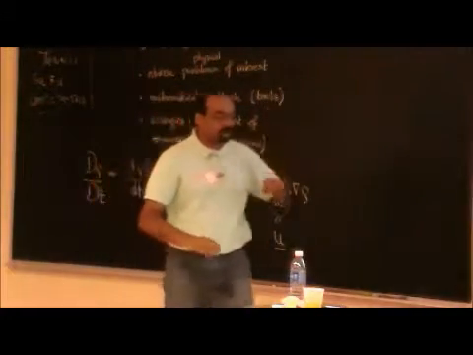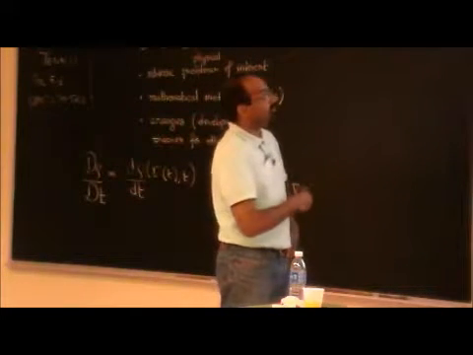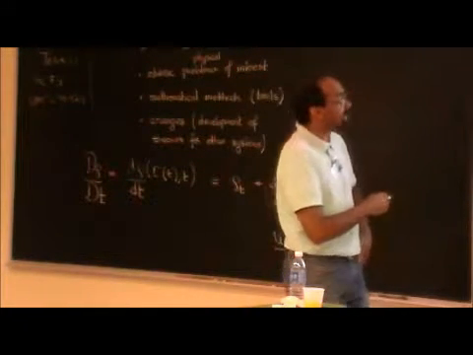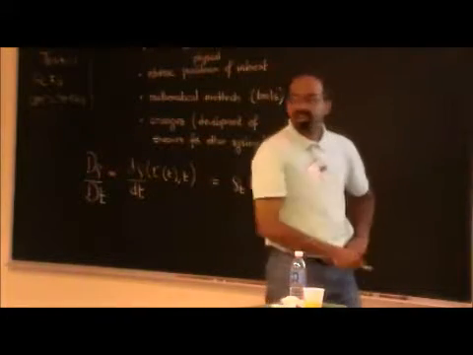And so I can write down my conservation equation, rather than in a lab frame, in a material, in a Lagrangian frame, like d rho by dt is minus rho times divergence of u.